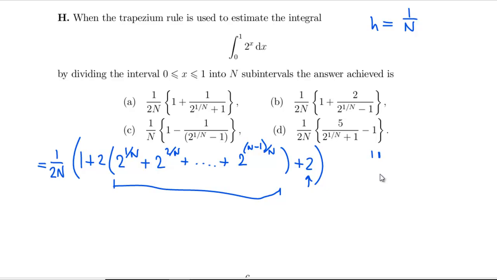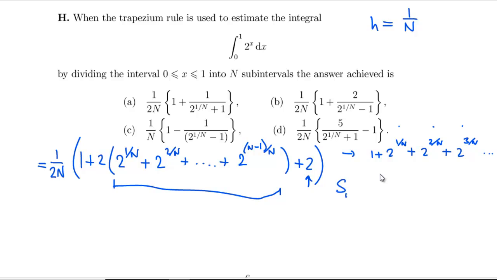So we've got 1 plus 2 to the 1 over n plus 2 to the 2 over n plus 2 to the 3 over n, etc., going up to n minus 1 terms on this, haven't we? Oh no, we have got n terms because we got the 1 at the start. Yes, and then we start counting from 1 up to n minus 1. So we have got n terms.